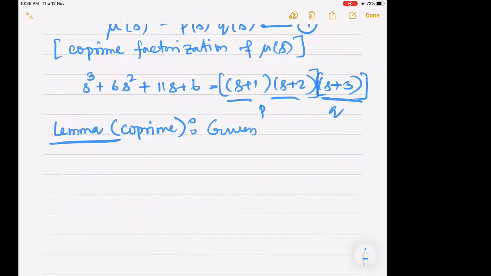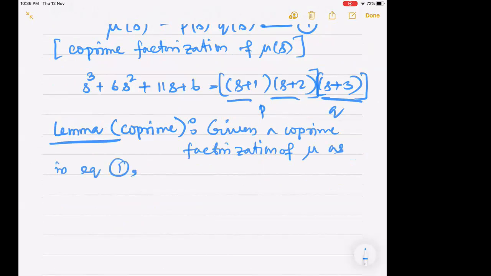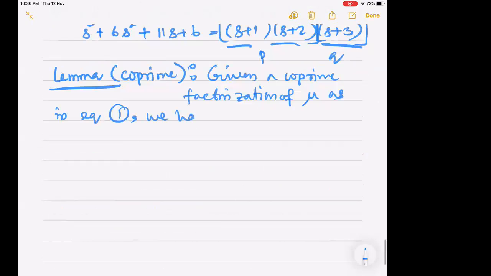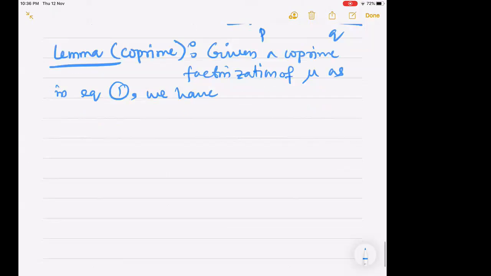Given a co-prime factorization of mu as in equation 1, we have the following. Brace yourselves.